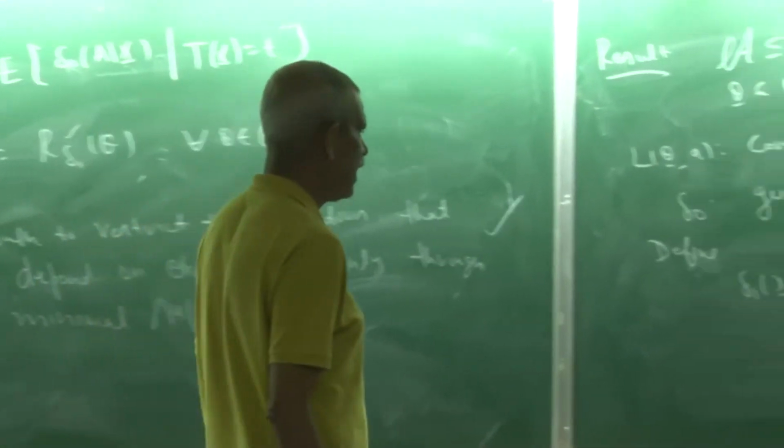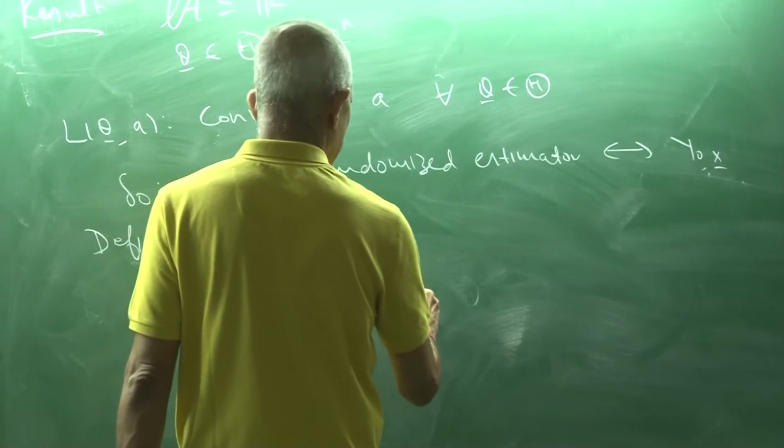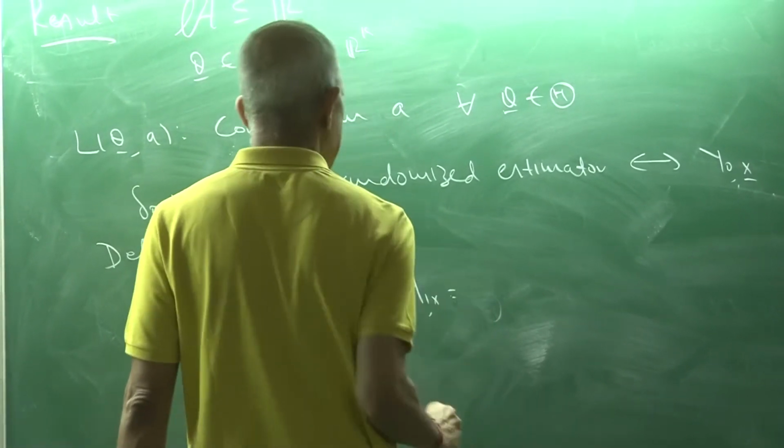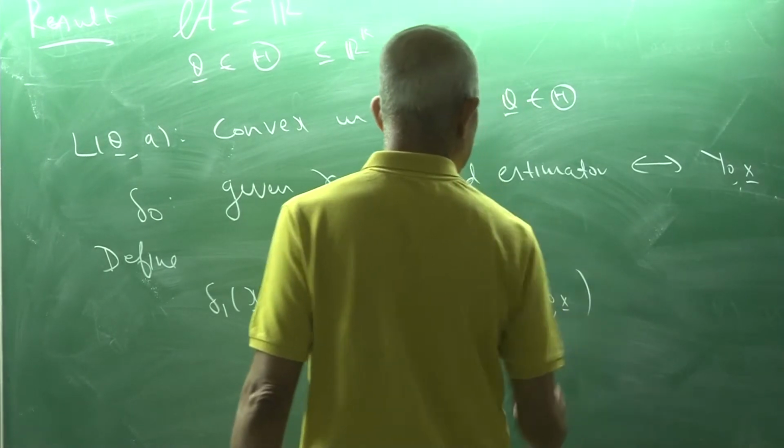I define delta 1 of x as the corresponding random variable Y 1 of x, which is nothing but the expected value of Y naught of x.